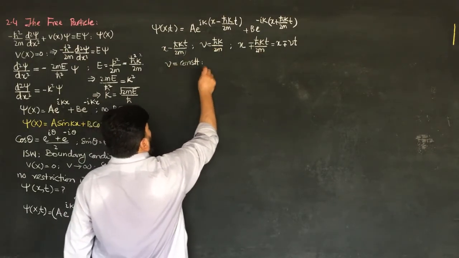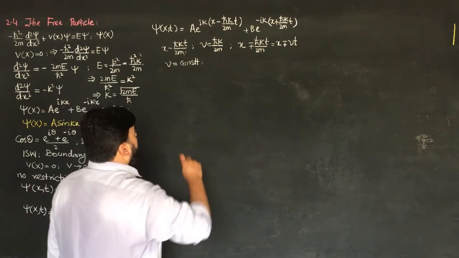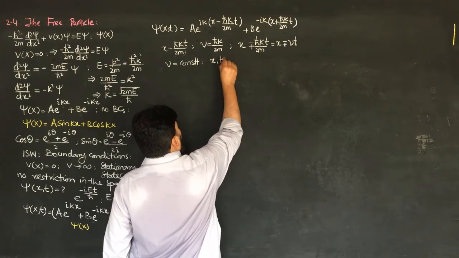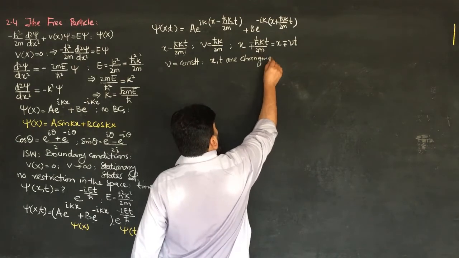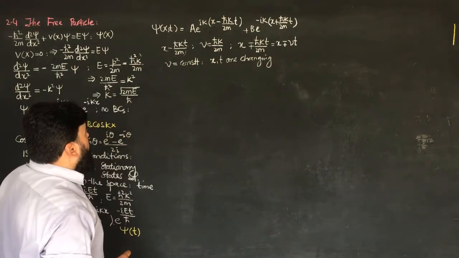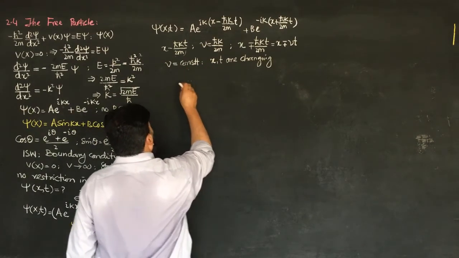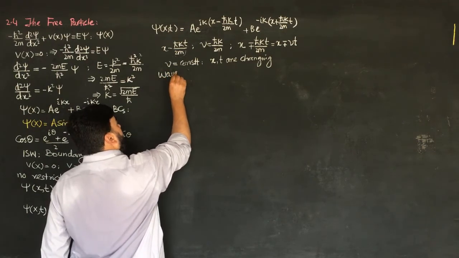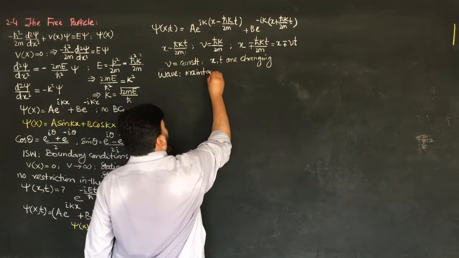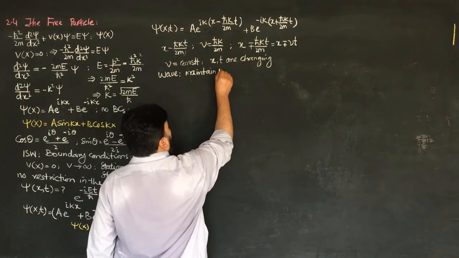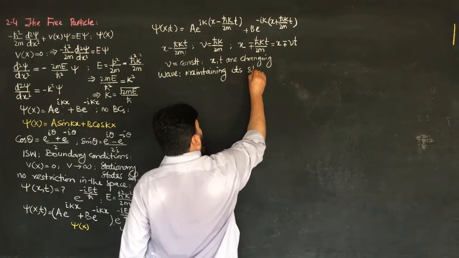V is constant while t is changing, x is changing and t is changing, while the speed of the wave is constant. So the wave is actually maintaining its shape.